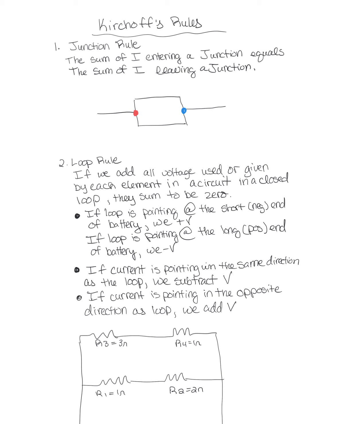leaving a junction. So we will see here, we have I1, current 1, going into this junction. And then it's going to split off and go this way. So we're going to call that I2. And then we'll have it split off here and go this way, and we'll call that I3.